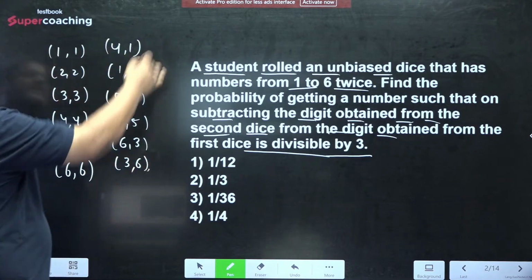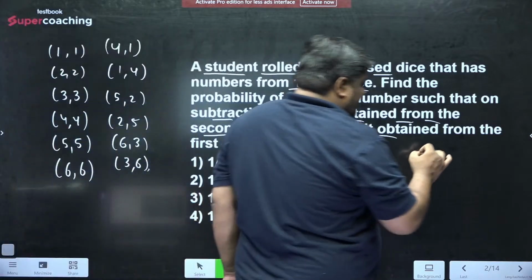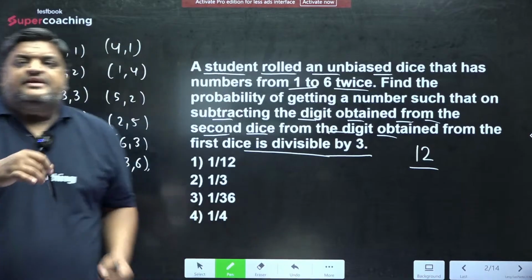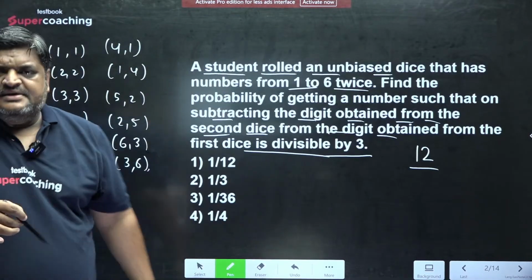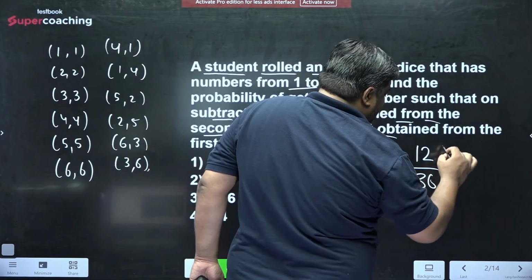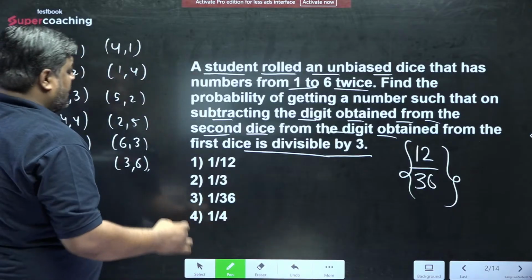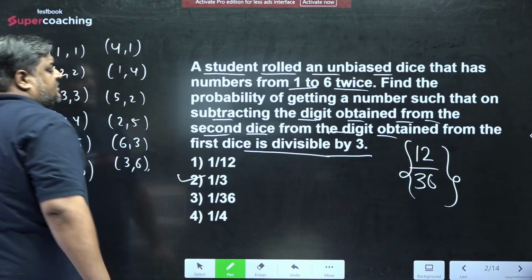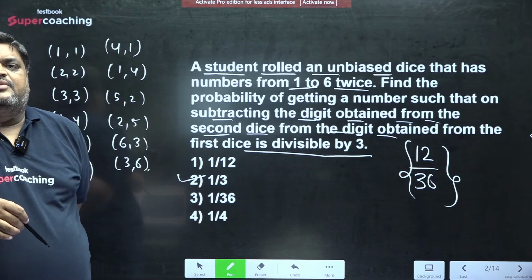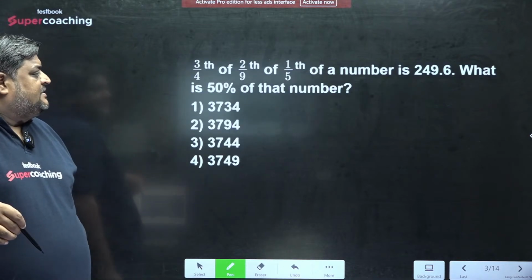So in all there are 12 cases out of a maximum of total कितने cases बन रहे, 6 into 6, 36 out of a maximum of 36 cases. So correct answer is 1 by 3. Option 2. This was the correct answer to the question. Bolo yes sir.